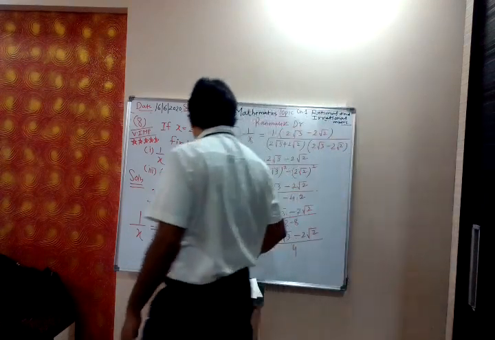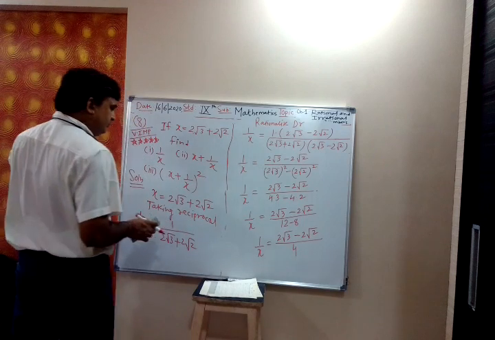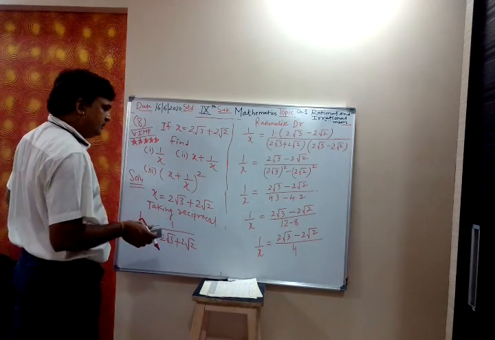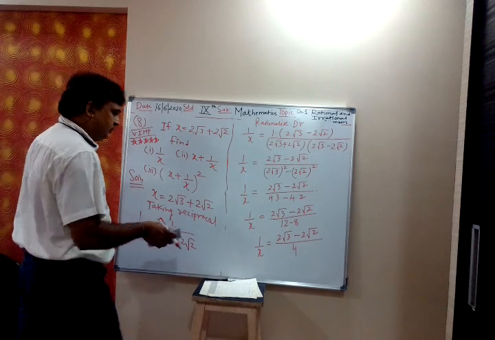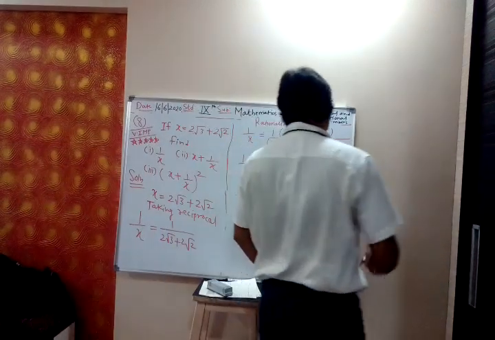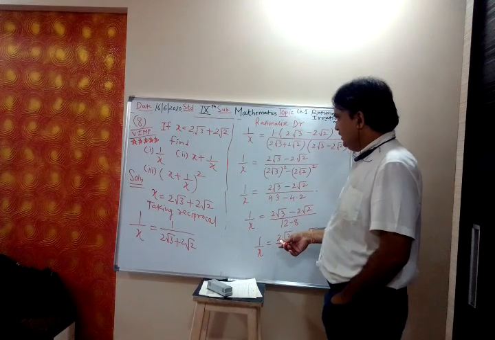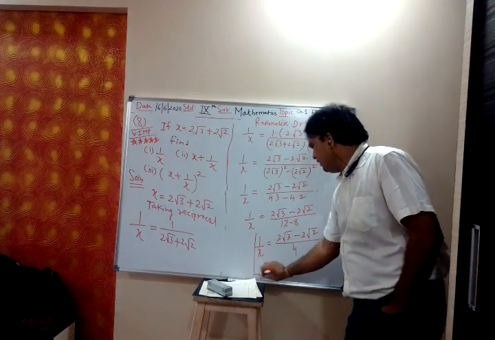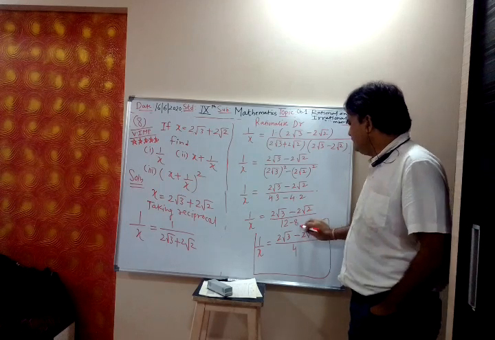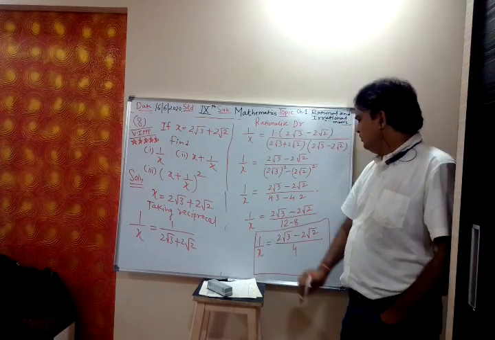Still we have to simplify. Now this is the value of 1 upon x.